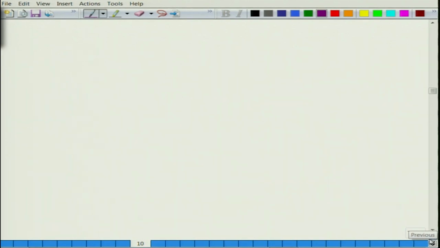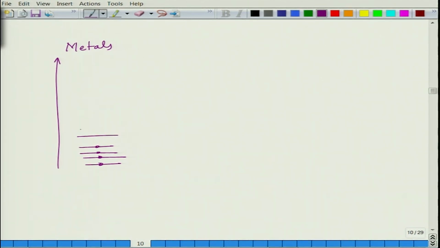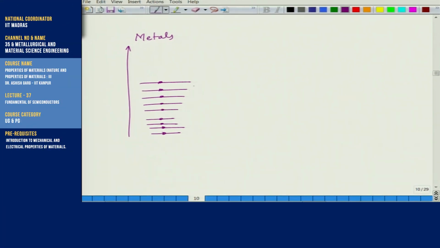The situation is something like this. In the case of metals, let us say you are plotting energy states. You will have these energy states like these, electrons are sitting here, and then you have maybe another little gap somewhere here. At the same time in K space, somewhere in parallel, you will have these empty states.